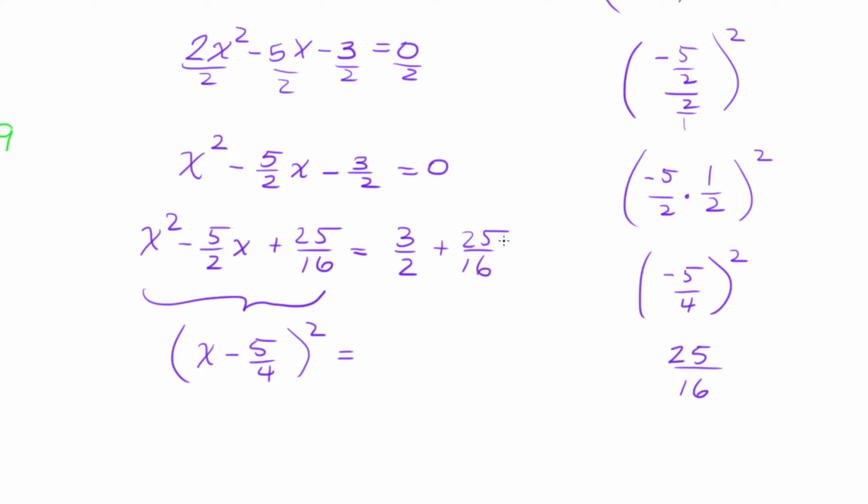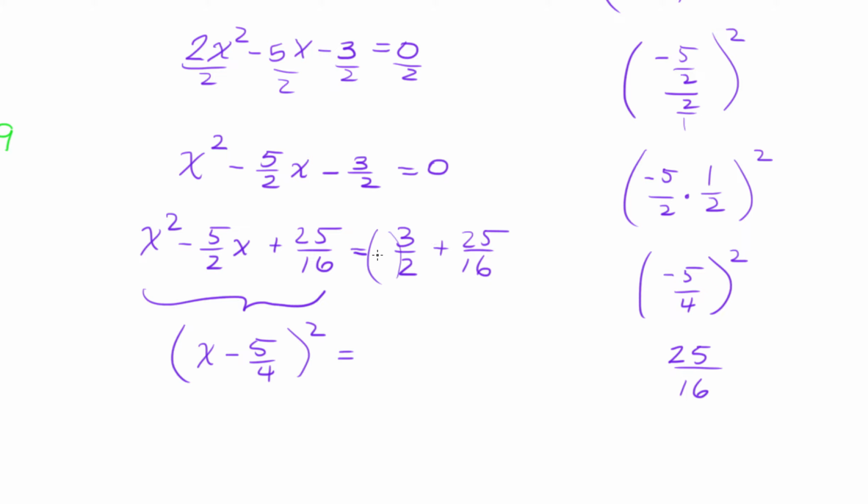Now, in order to add two fractions, we always need a what? A common denominator. So the 3 halves and the 25 over 16, common denominator is 16. And by that, we need to multiply the 3 halves by 8 over 8.